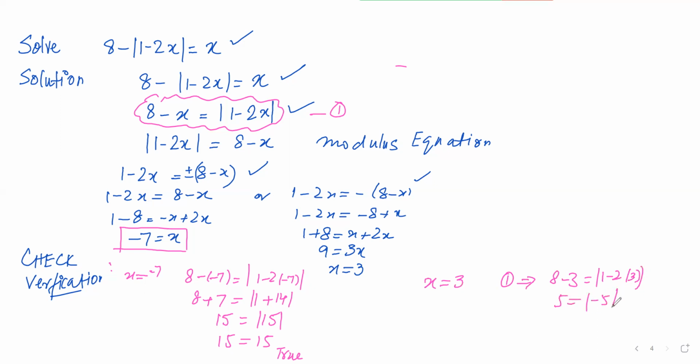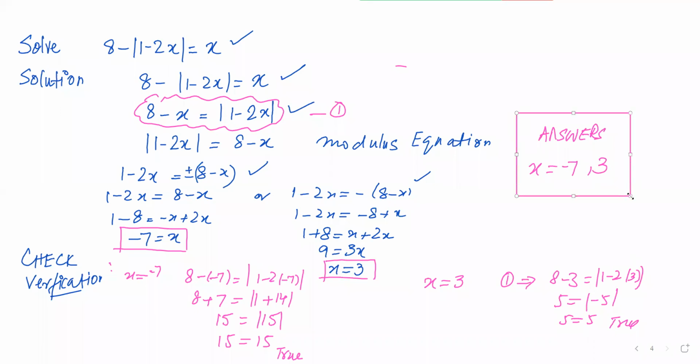So we have 5 equals 5, which is true. Hence, the other answer is valid. Next, I'll take a case in which the verification will give you a different situation. So the answers are x equals minus 7 and x equals 3.